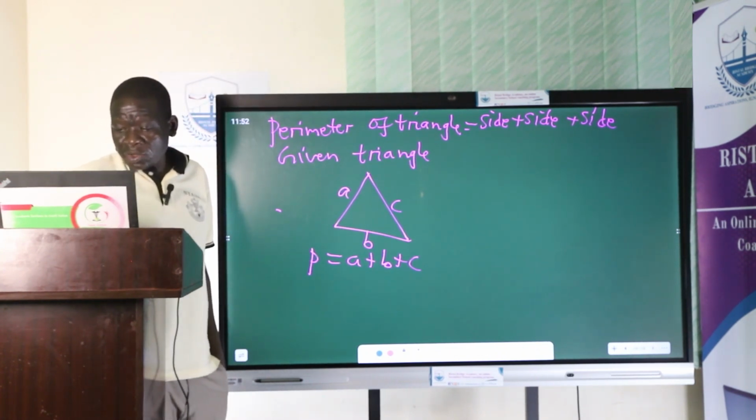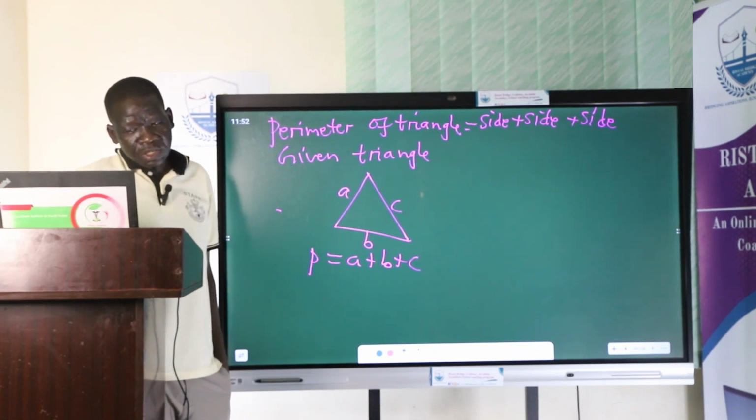So that is how we find the perimeter of a triangle.